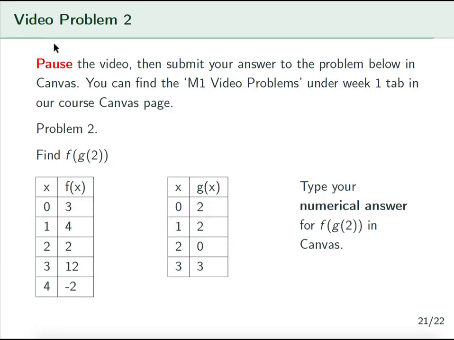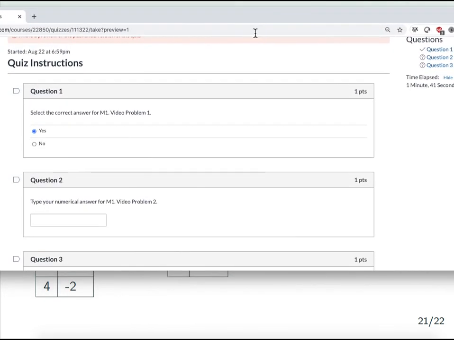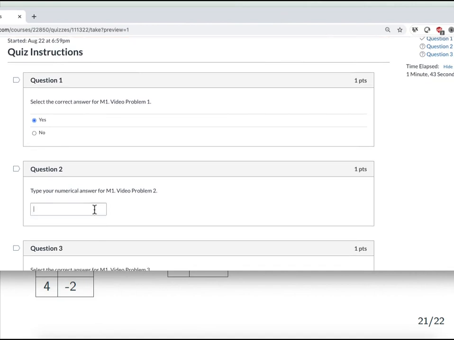Before we move on, I'm going to have you try another problem. Pause the video, then submit your answer to the problem below in Canvas. You can find Module 1 video problems on the Week 1 tab in our course Canvas page. Let me show you one more time, as I showed earlier in this video. You type your numerical answer to this problem. As you can see, you will not be able to see the actual problem in Canvas.